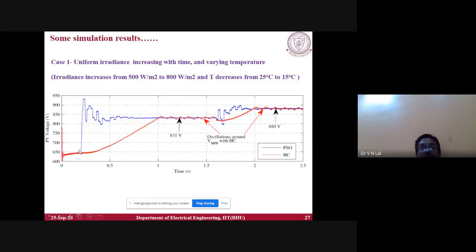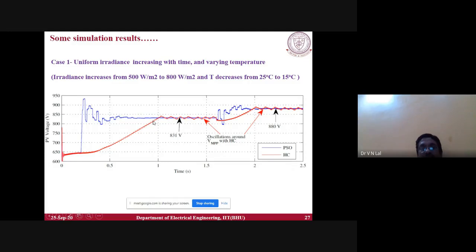Now the initial voltage reference was 650 volt. Here it is settled. Now at this point the MPPT controller is enabled. Now this HC or P&O, the conventional method, will again start.